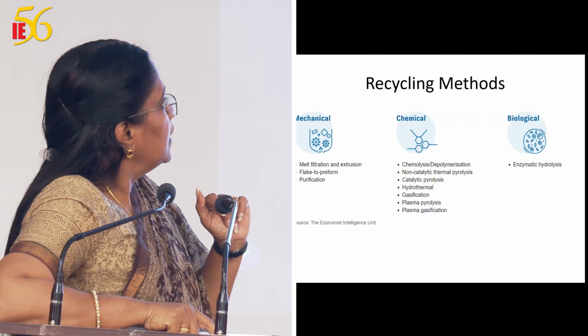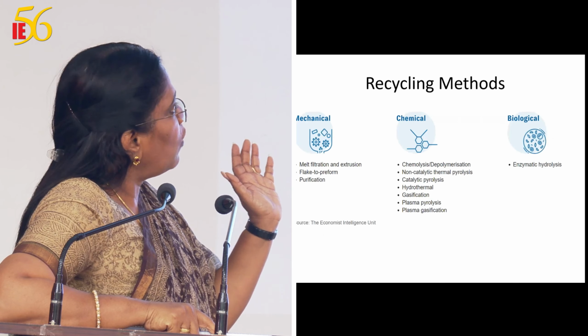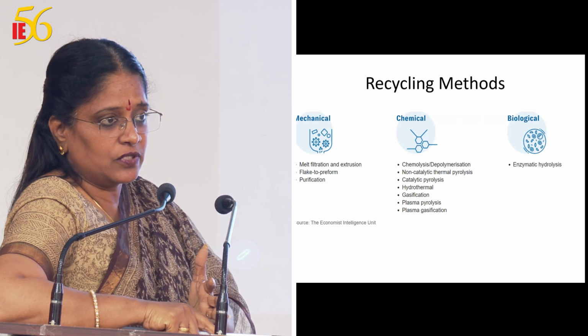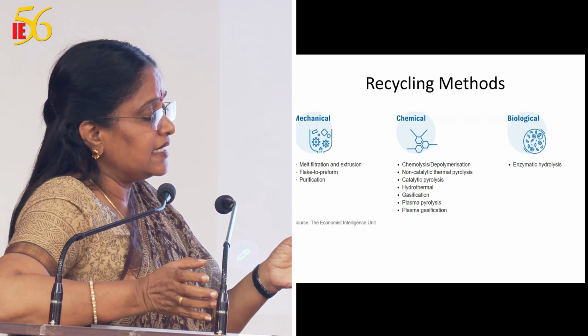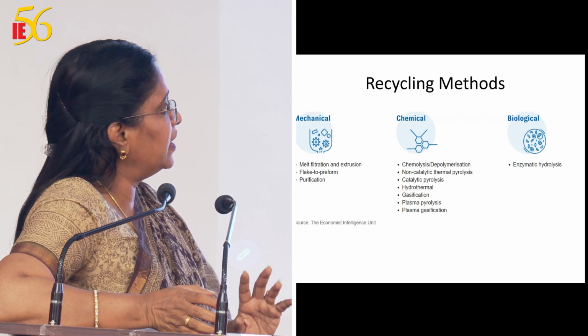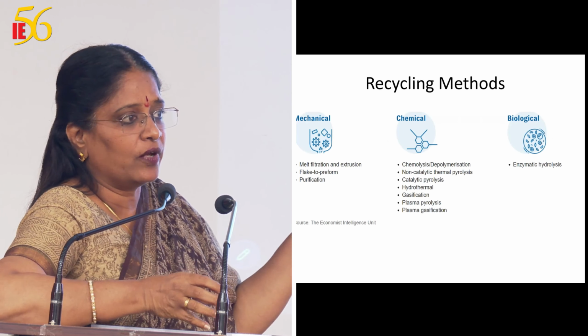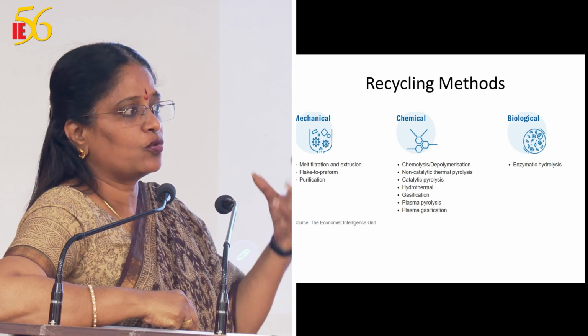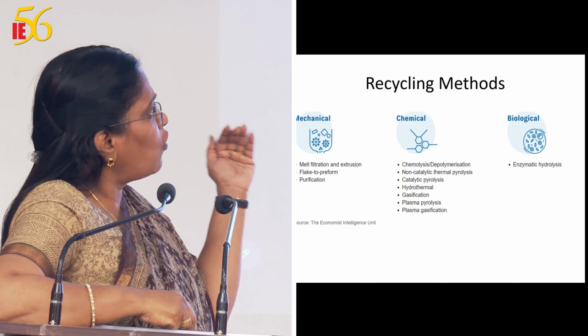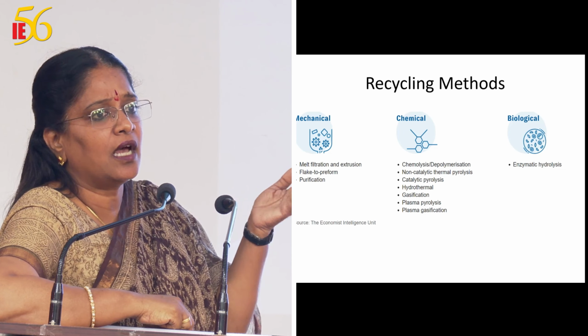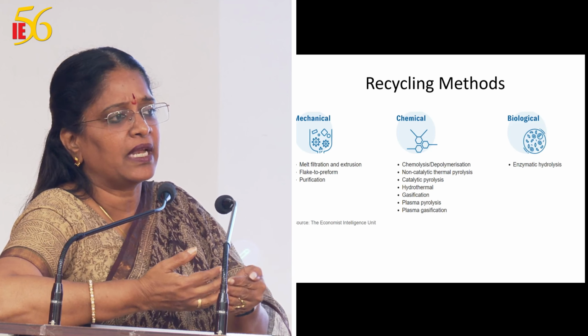Next. And what happens after the waste comes to the processing unit? It can be recycled in different ways, so far there are many different methods of recycling. Mechanical, just shredding and sending it for extrusion and making a new product. But most of these recycling methods are downscaling. It brings the value of the plastic down.